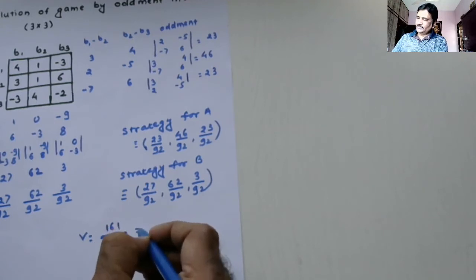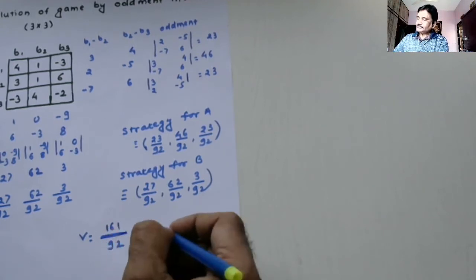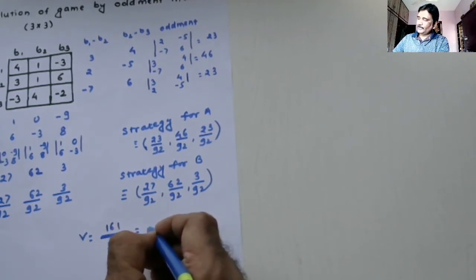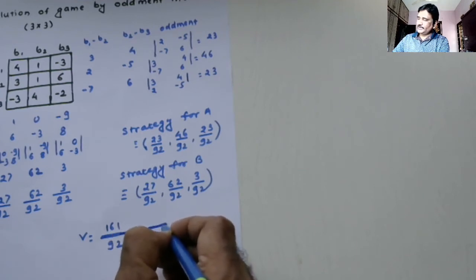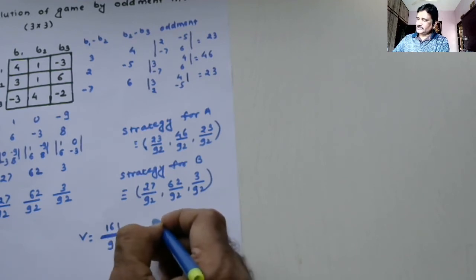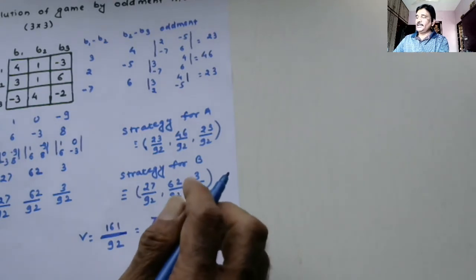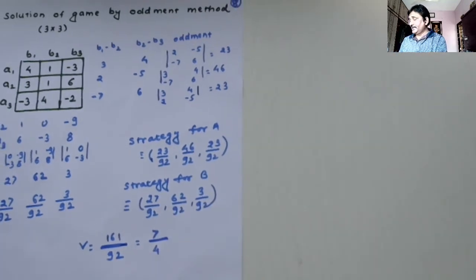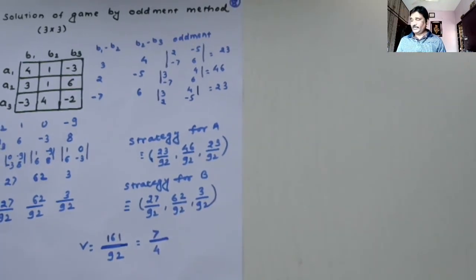Or it can be simplified as well. 23 fours are 92, and 7 by 4 will be the game value. 7 by 4 will be the game value.